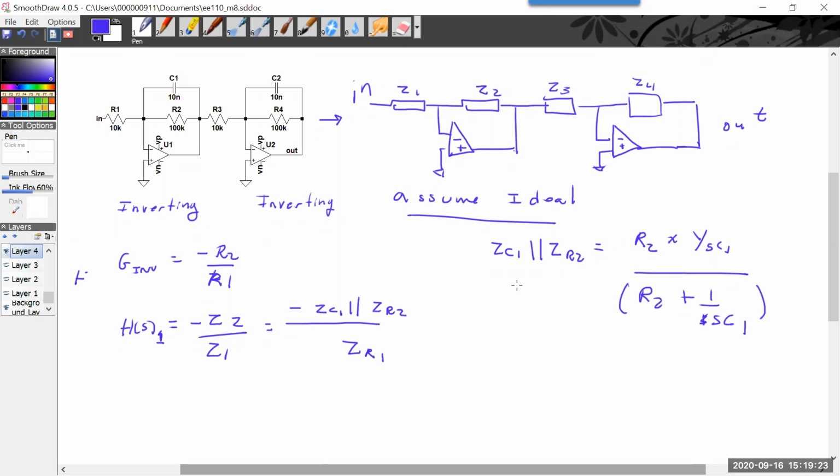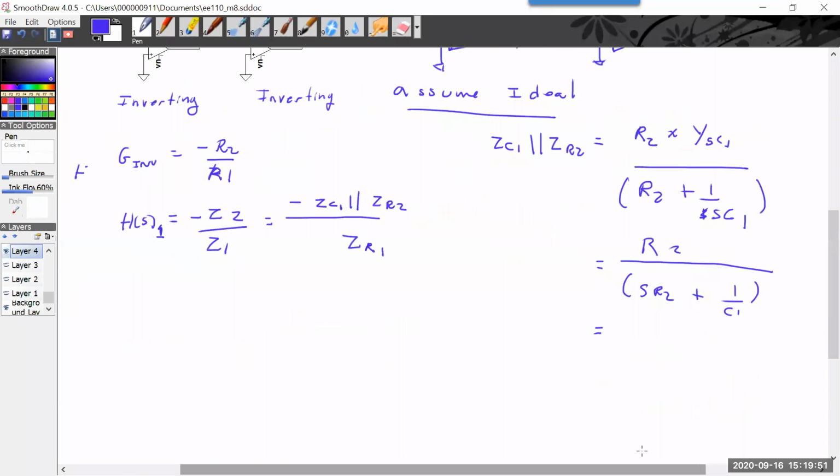All right. Now you want to get this into a proper format that you can understand. So you multiply this S through, all right, and you get S R2 plus 1 over C1. And then you pull out an R2. And that might seem a little counterintuitive.